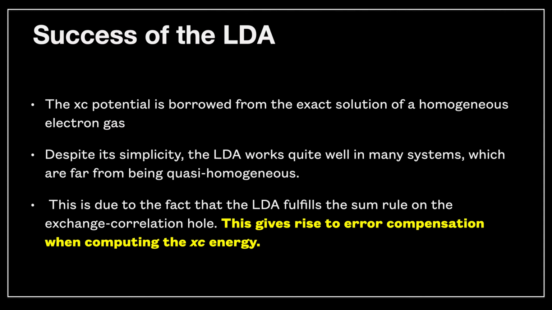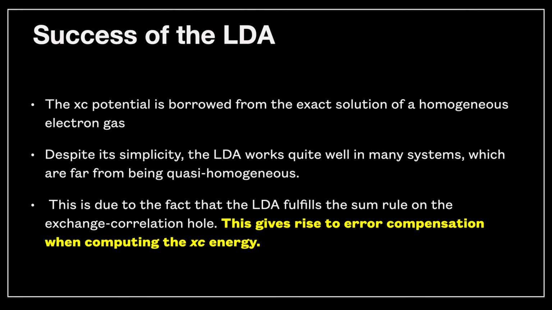Since LDA is an exact solution for a simple problem, but still an exact solution, it automatically fulfills many of the rules that I didn't discuss here, but that are known for DFT, especially for the exchange correlation hole. So the sum rule, I mean the equilibrium, the counterbalancing.